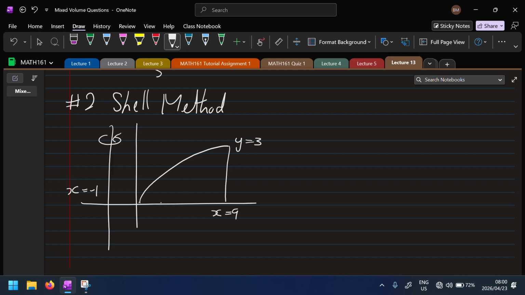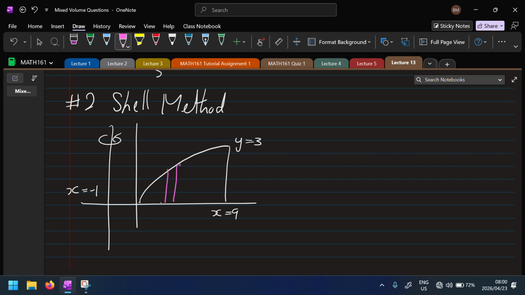For the shell method, we're looking at vertical strips for our function. We rotate that around the axis, x equals minus 1, and that gives us our cylinders. Let's do a different color. So we've got a little vertical strip there. That's going to be the shell thickness.